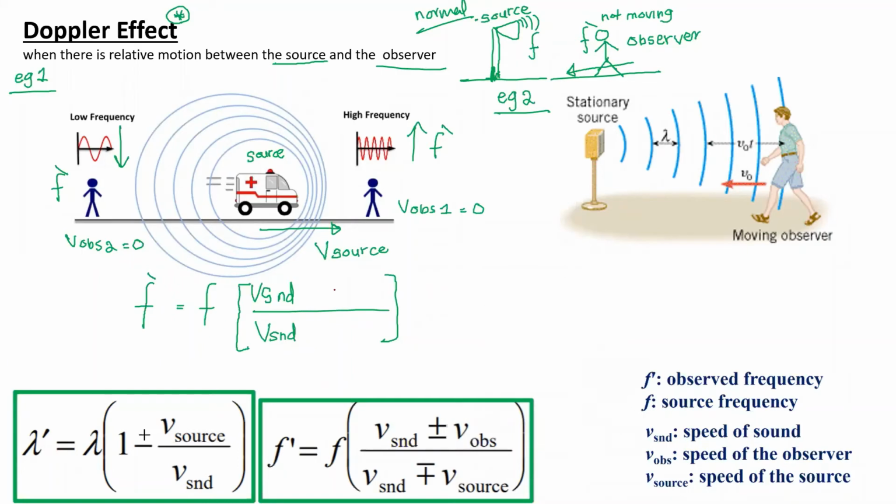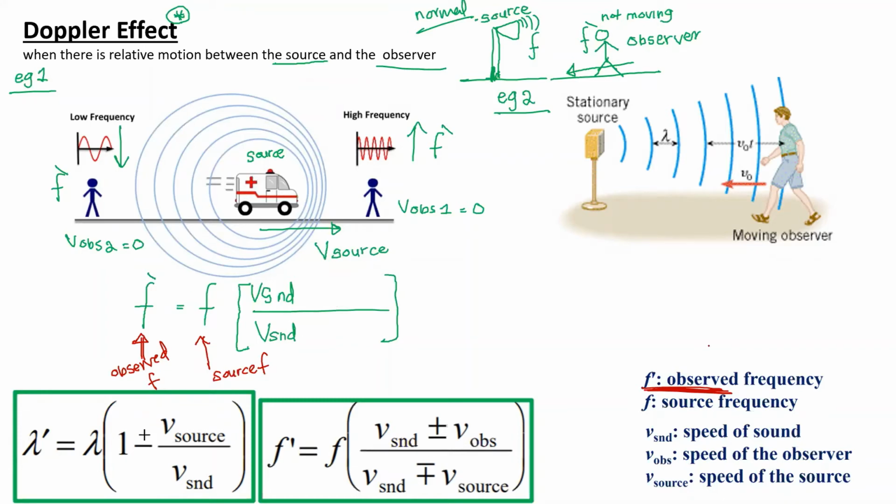This is the structure of the equation. This side of the equation is going to tell you what you observe. It is called the observed frequency. Okay, this is the observed frequency, and this is the original frequency. It is the frequency of the sound source. So whenever you are going to write the equation, start with this. Okay, so write this stuff.